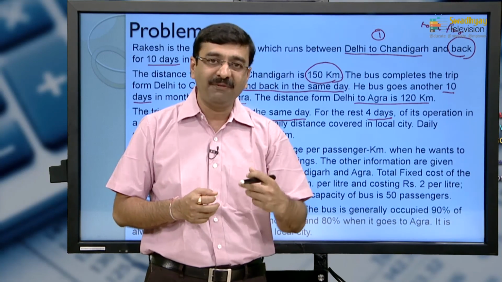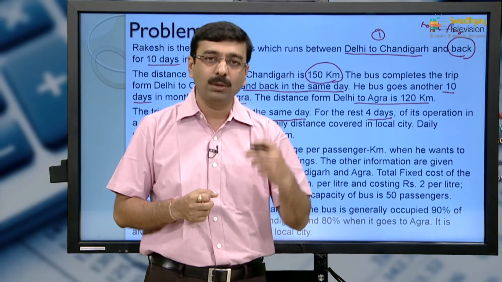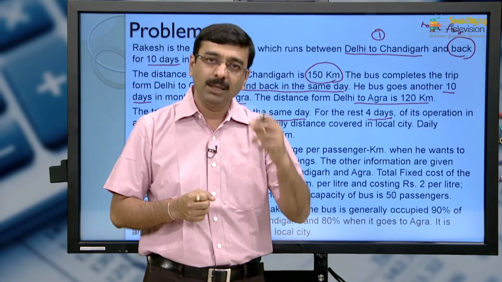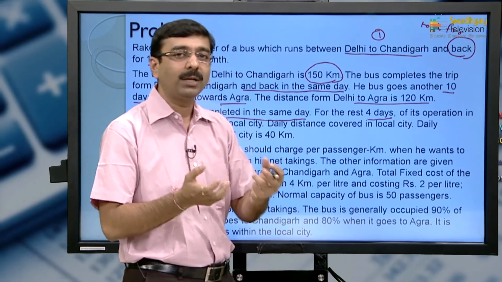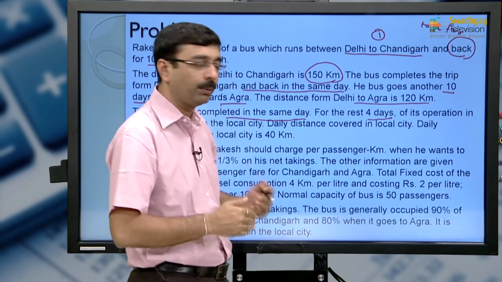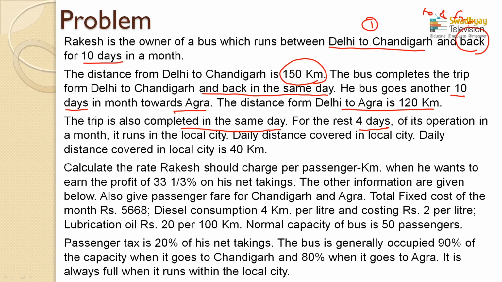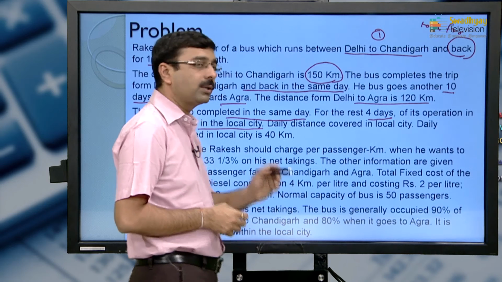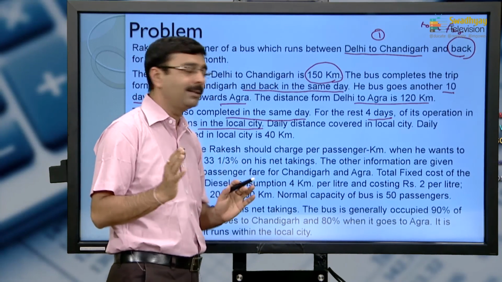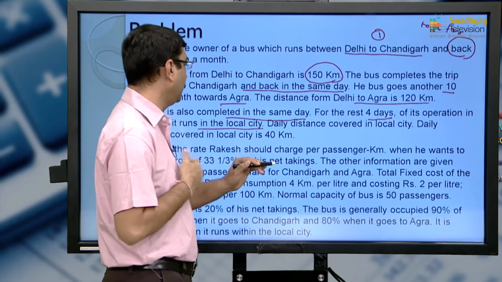Now, what would be the effective mileage and effective calculation of the cost for the remaining 4 days? For that we need to see what type of information has been given in the particular question. For the rest 4 days of its operation in a month, it runs in a local city. That means it runs only in the Delhi city itself.